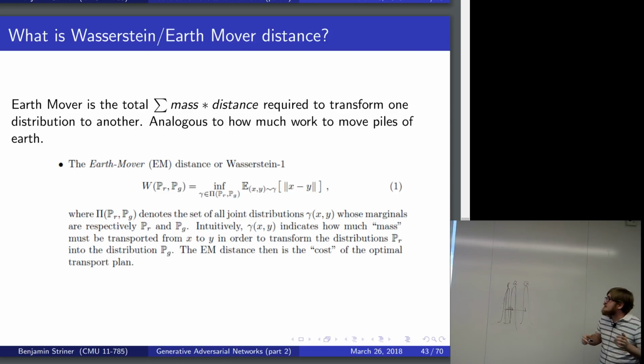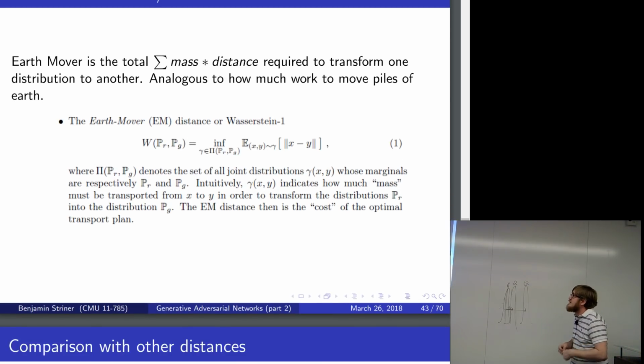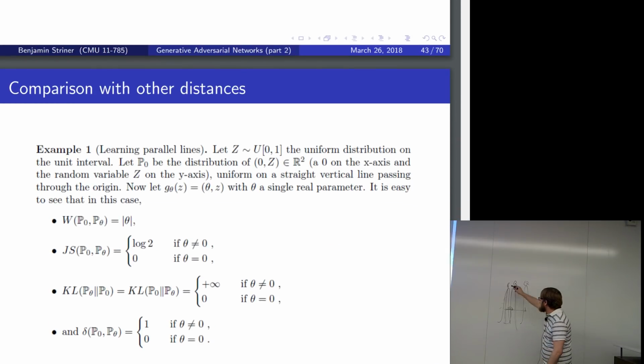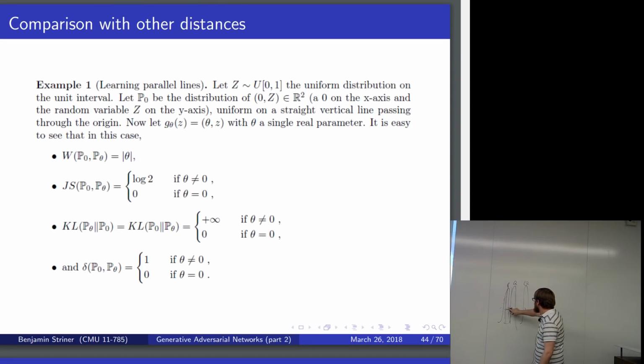Here we get to why Wasserstein is nice. If you imagine this P and this Q, and you imagine this distance here is what they're calling theta, whatever. Using the Wasserstein distance, the distance is theta, right? Because if you move it 10 away, the distance is 10. If you move it 20 away, the distance is 20. Using Jensen-Shannon, you end up with something piecewise.